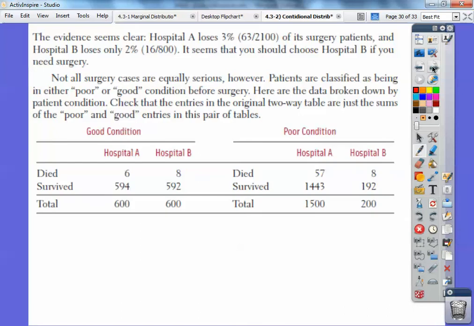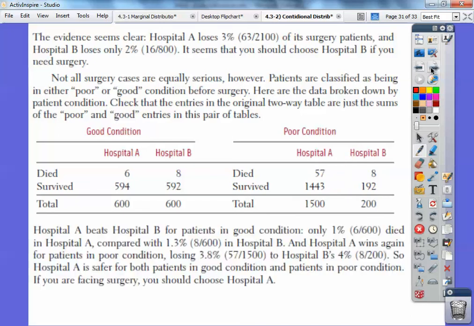So here they are. Okay, so these are good and poor conditions for Hospital A. So these are a good condition, so 6 died and 594 survived. Hospital B, 8 died and 592 survived. And over here, poor condition, 57 and 1443 and so on. Okay, so when you check that data out, Hospital A beats Hospital B for patients in good condition.